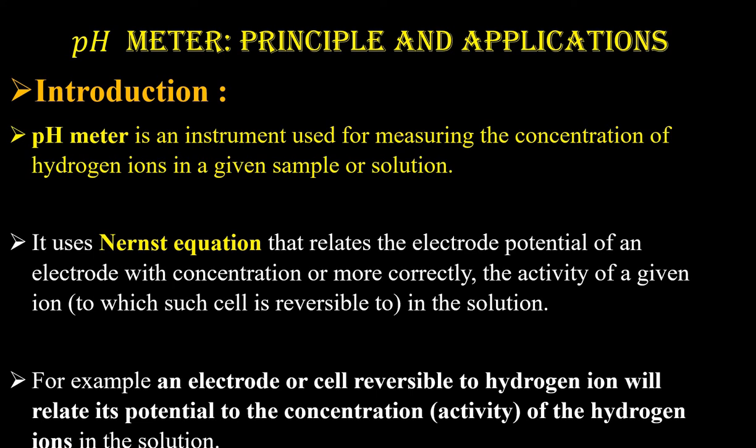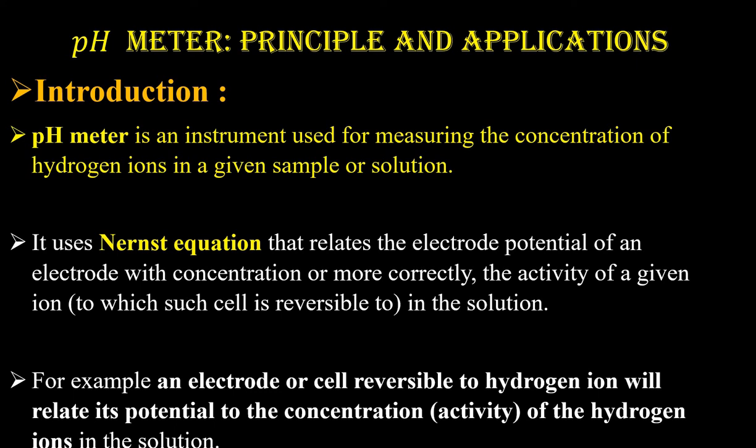Therefore, a pH meter is an instrument used for measuring the concentration of hydrogen ions in a given solution. It uses the Nernst equation that relates the electrode potential of an electrode with concentration, or more correctly we can say the activity of the given ion in a solution.